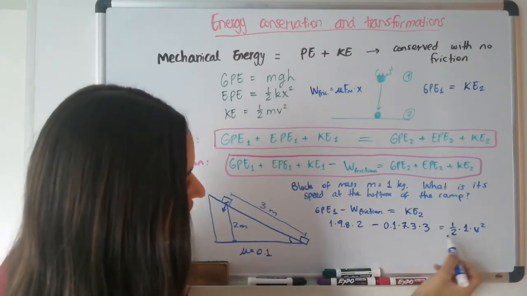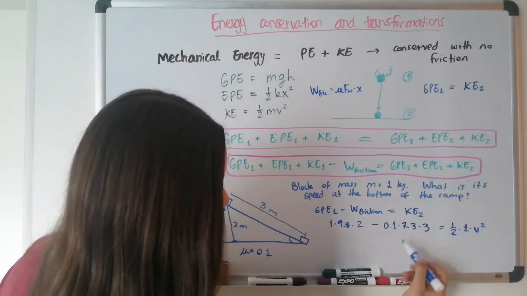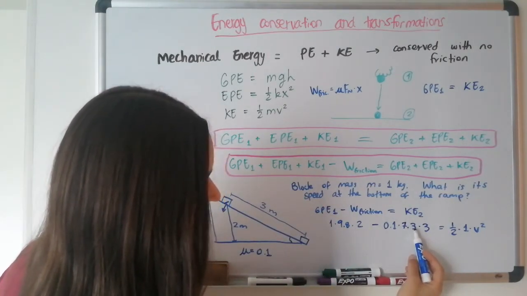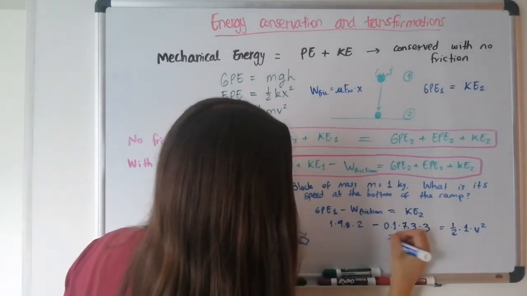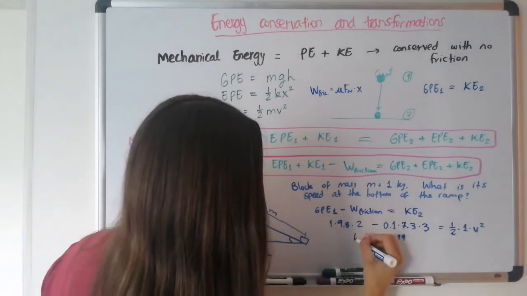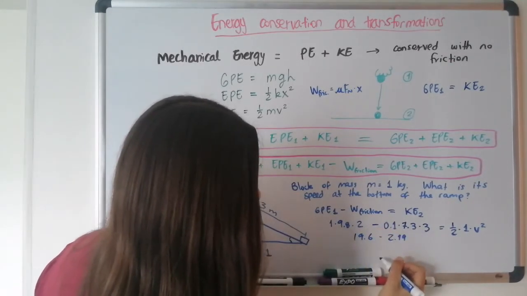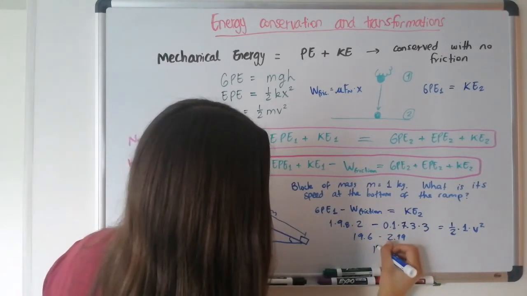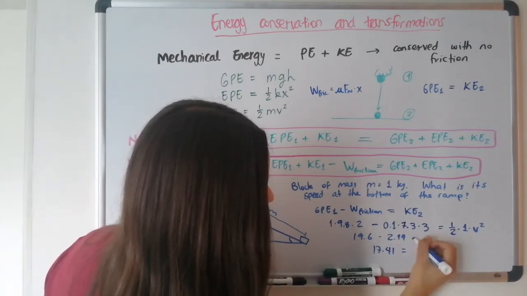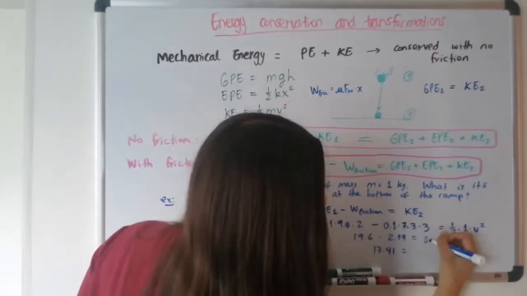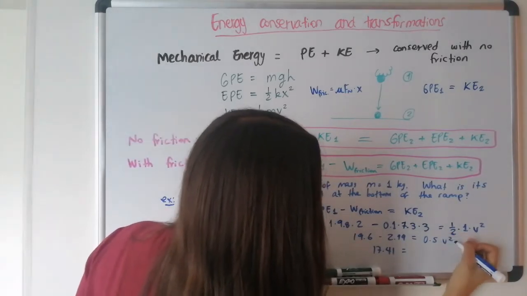So we solve everything on this side, which is going to give us, so this is 2.19, and this is 19.6. So this is going to give us 17.41. And this is 1/2 times 1 is 0.5 v squared.